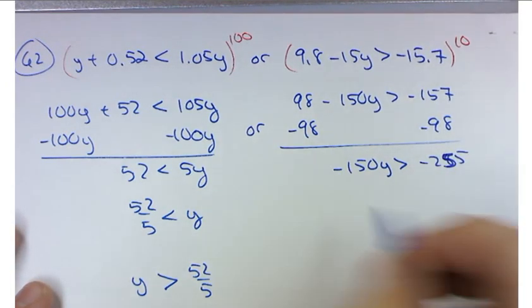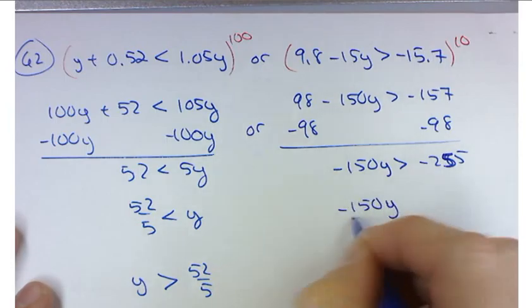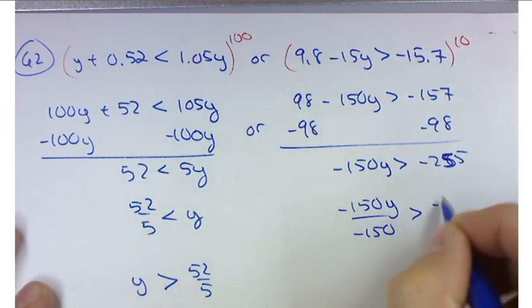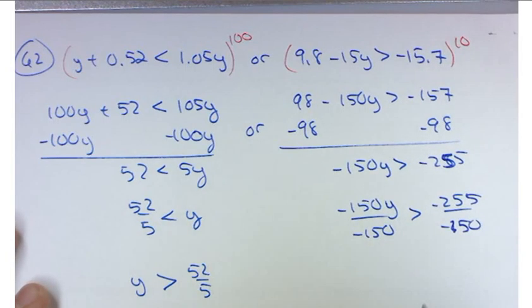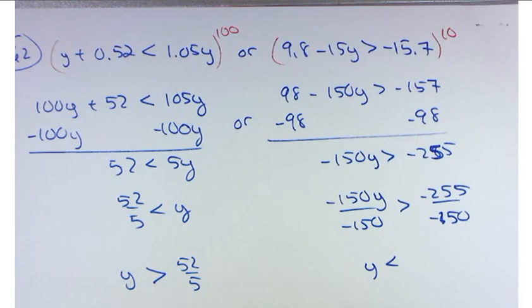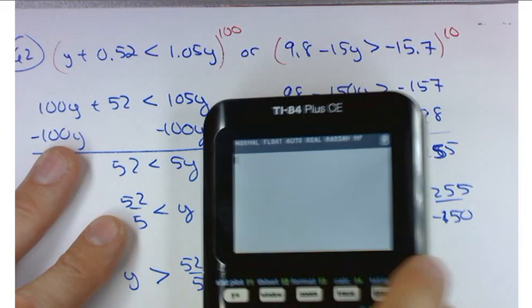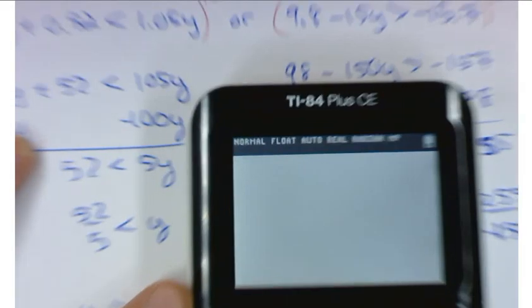Then divide both sides by negative 150. What happens when I divide by negative 150? Yeah, you have to flip the direction of the inequality. So y is less than some number. I'm sure that's going to reduce because 5 goes into both of those. So it'd be, what, 51 over 30. Let me remind you, if you have a fancy graphing calculator, that can help you.